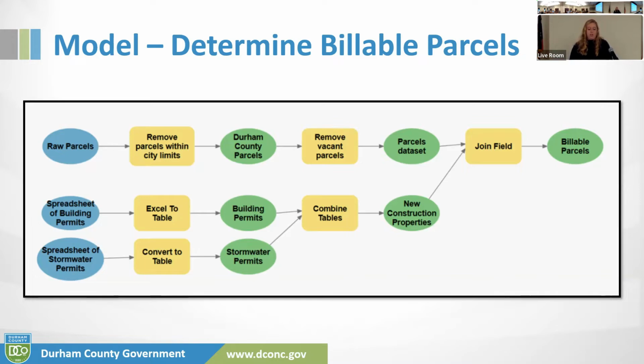And then, like I said, we start with our building permits and stormwater permits, join those to make a comprehensive list of new development, and then join that with the parcels to get a comprehensive list of what to focus on. Next slide.